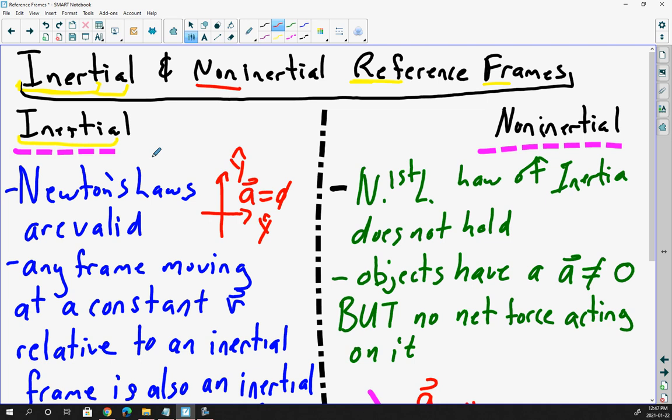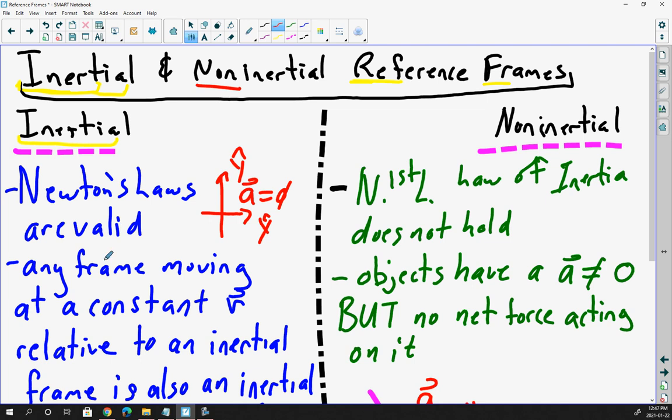In an inertial reference frame, you're in a situation where there is no acceleration anywhere to be seen or observed from your point of view. In this type of reference frame, all of Newton's laws are valid.